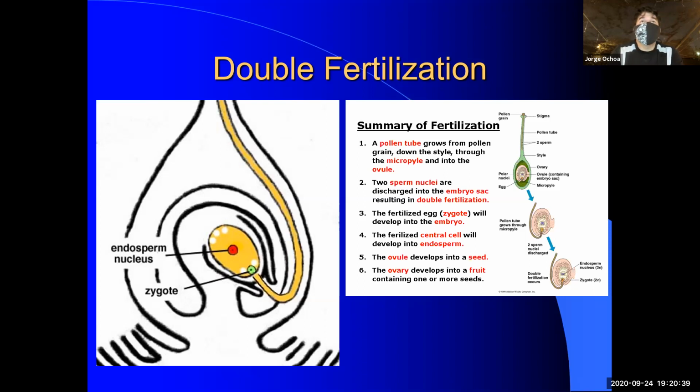So the first sperm that meets the egg is going to form the zygote. That is going to be the embryo. And then the sperm that meets with the polar nuclei is going to form what is known as the endosperm, or that starchy reserve for the seed. And so this had to happen to every single flower that you collected the fruits and the seeds from.